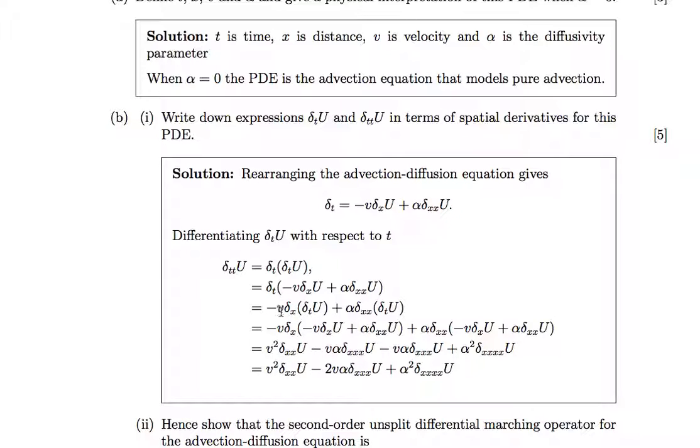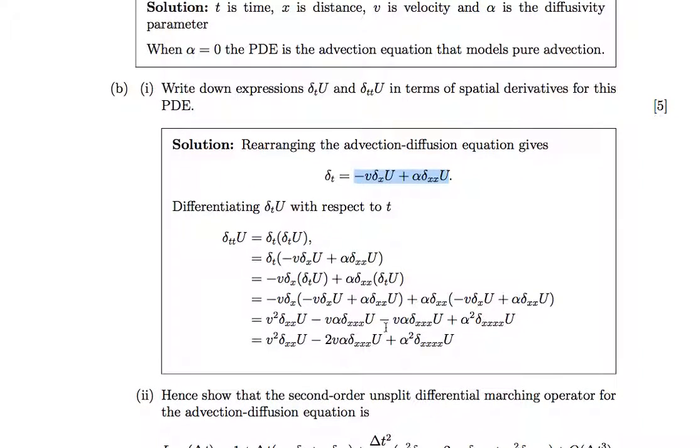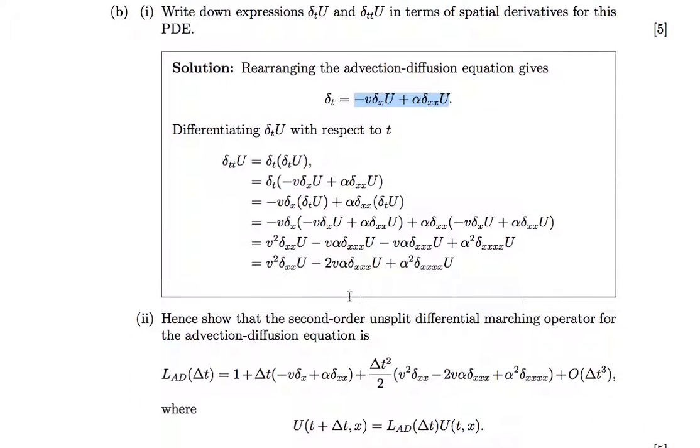So we have minus v delta x multiplied by delta t u, and we have alpha times the second order derivative multiplied by the first order derivative again. These two expressions in brackets, we simply substitute in again, do some expansion and rearranging, and we end up with this expression here.